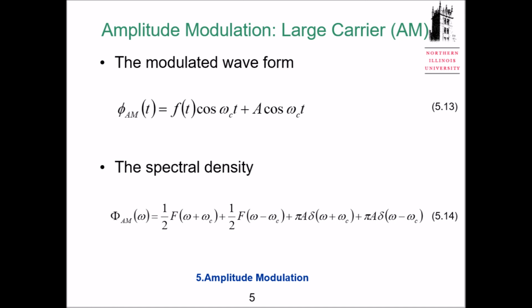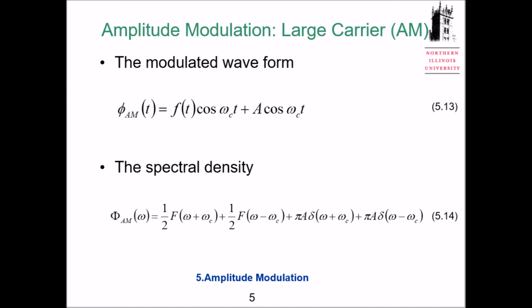So if this is my signal in time domain, it is very easy for us to find the Fourier transform of it by properties, right? By properties and pair Fourier transform. So if you look at the Fourier transform of the given signal, we have F omega, right? Your signal spectrum, however, moved to the right by omega c, and to the left by omega c.